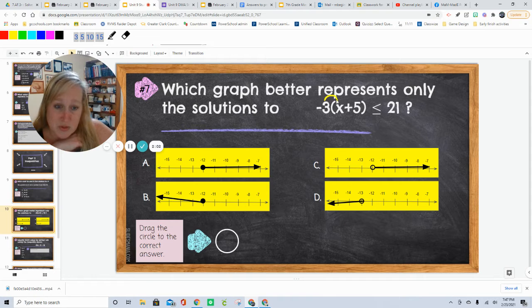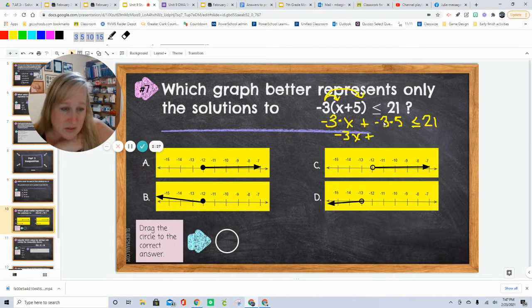So -3 times x plus -3 times 5 is less than or equal to 21. So this becomes -3x plus -3 times 5 is -15, which is less than or equal to 21.